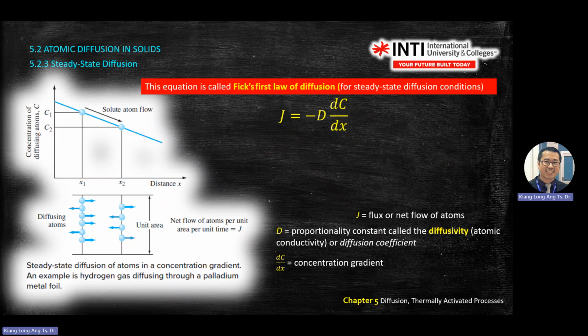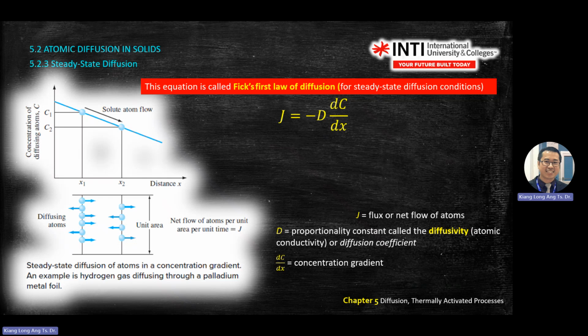This is also called Fick's first law of diffusion for steady state diffusion conditions. Sometimes the question gives you a direct instruction, apply Fick's first law of diffusion in the analysis. It means it asks you to write this equation. You write J equals minus D dC over dx, then you substitute values accordingly from the question.